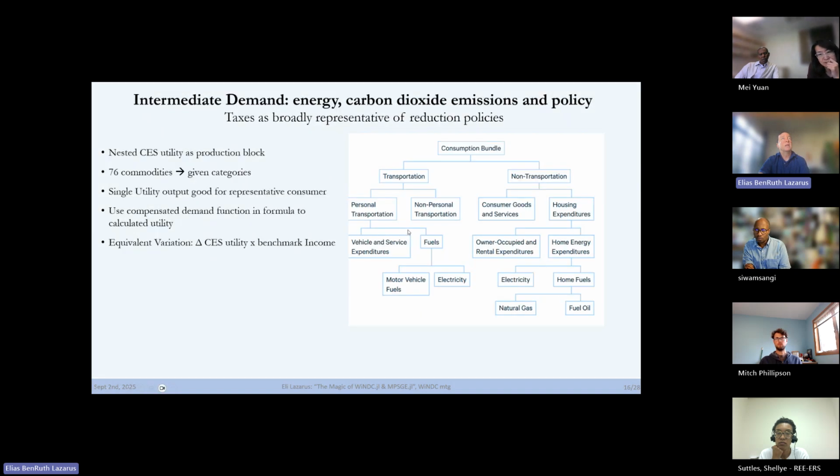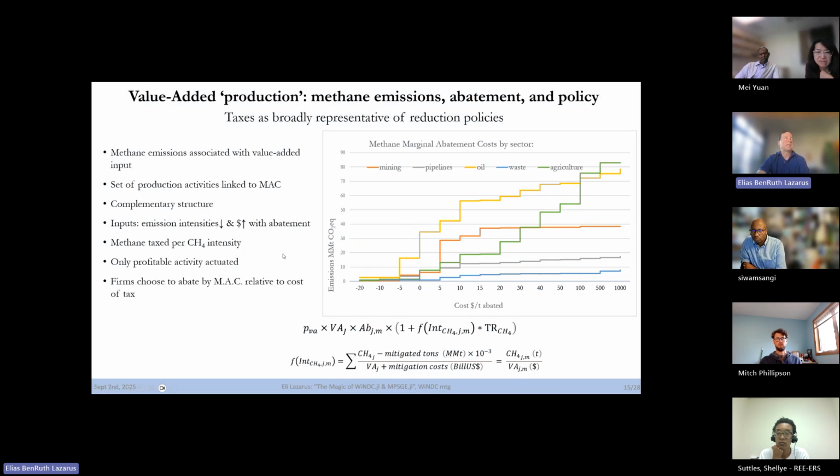Other stuff I really wanted to get to, except that I didn't figure out the timing for it, is I've got this really interesting structure for how I've incorporated the marginal abatement for methane. I don't think I have time to really talk about it, but I've taken the marginal abatement curves from the EPA, and without manipulating that at all, I've implemented that stepped structure in the model by using the complementarity structure of the MPSGE base.